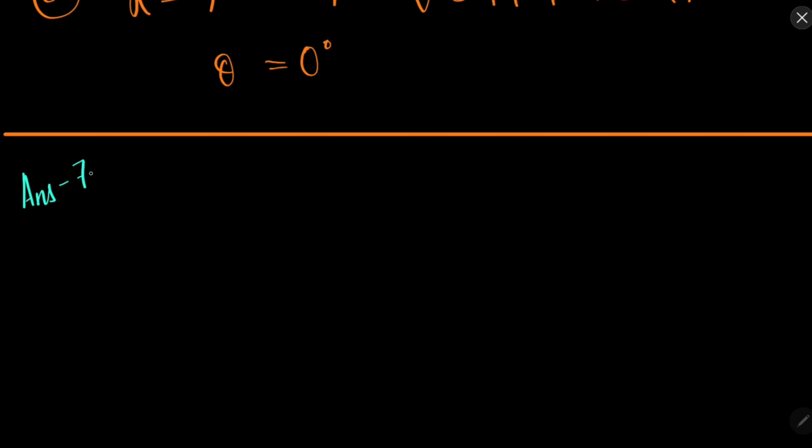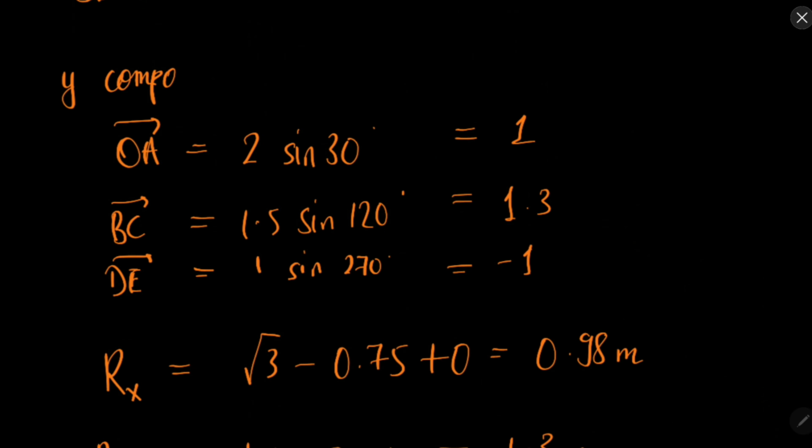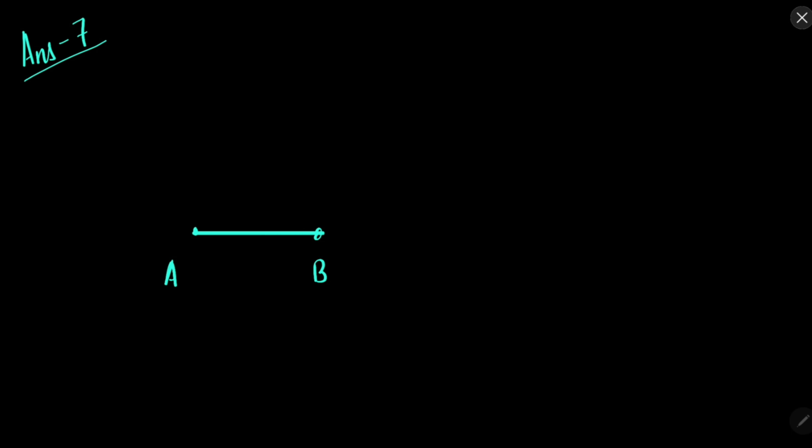So the seventh one. Let's try to draw the diagram. First of all, let's say we are here, and it moves like this, A to B, towards east, 2 meter.